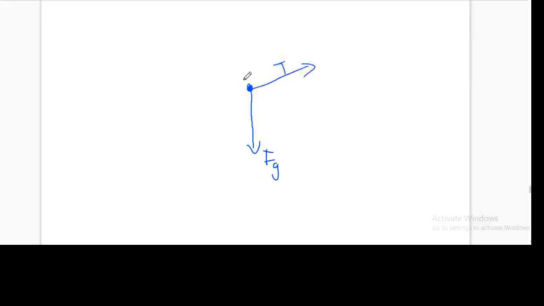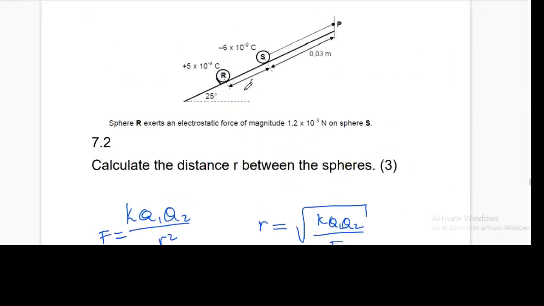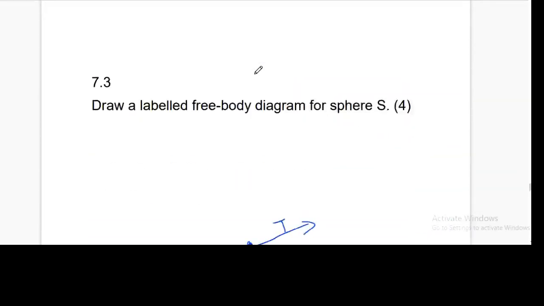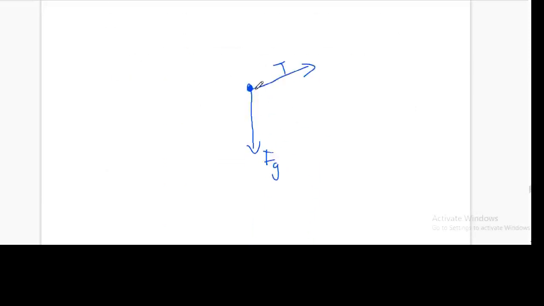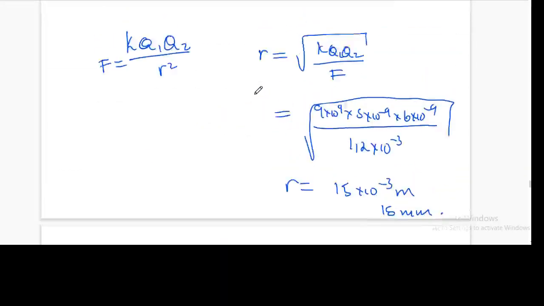What else? There's also electrostatic force. This is negative and this is positive, so it's experiencing an attractive force down the incline.